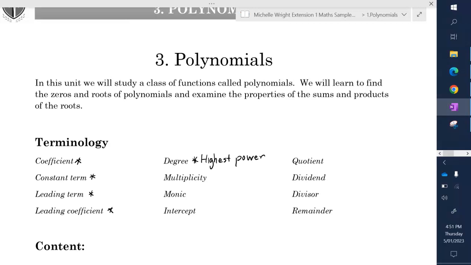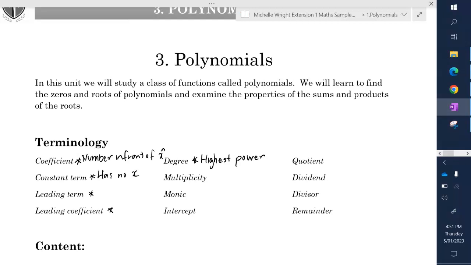A coefficient is the number in front of the term, or in terms of the x, so we will say the number in front of the x, or the x squared, or we might say x to the n. Our constant term, we'll say, has no x in it, so it's just a number, there's no variable, so it's constant.